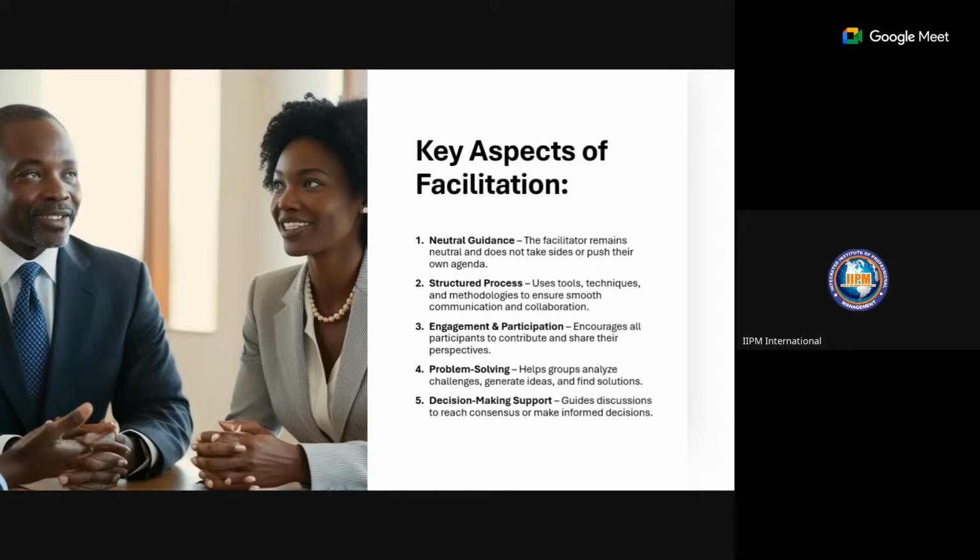Then we have engagement and participation, encouraging all participants to contribute and share their perspectives. One of the key ways to know if your facilitation is making impact is the rate of engagement and participation. When you are facilitating and there is poor engagement and poor participation in your class, there is a possibility that you are teaching instead of facilitating.